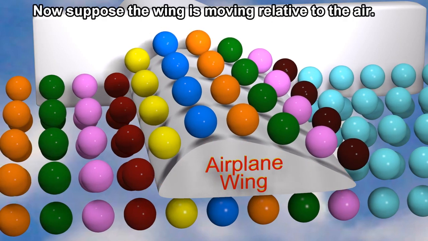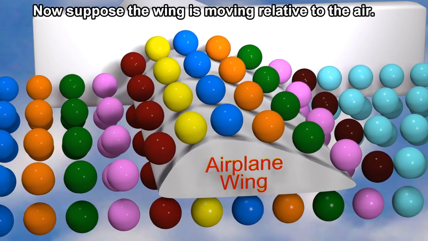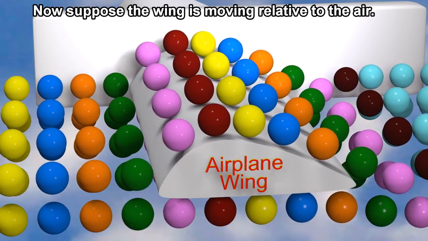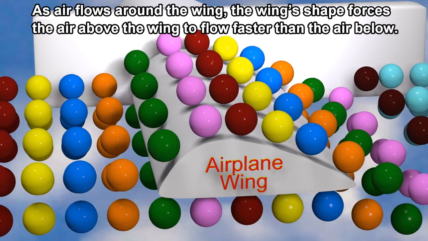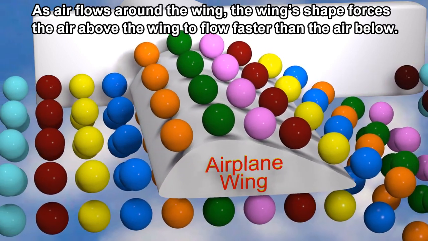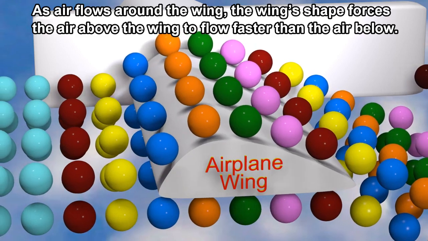Now, suppose the wing is moving relative to the air. As air flows around, the wing's shape forces the air above the wing to flow faster than the air below.